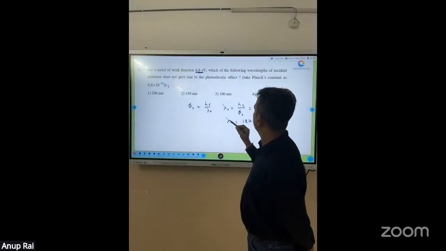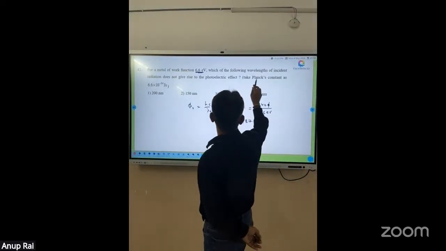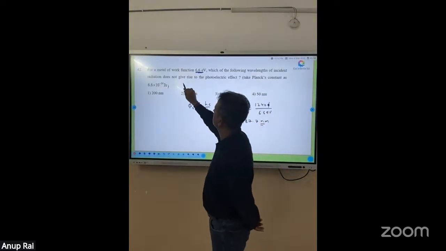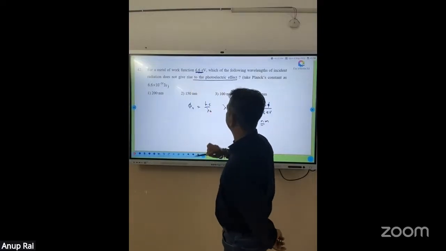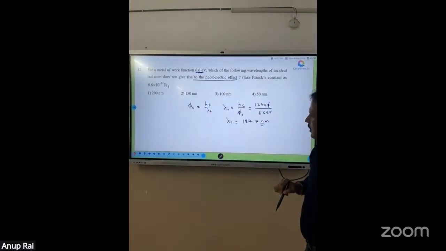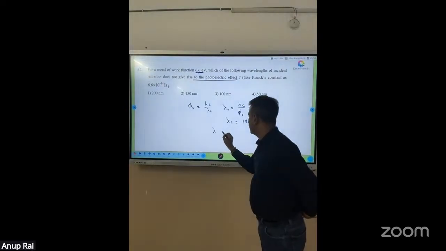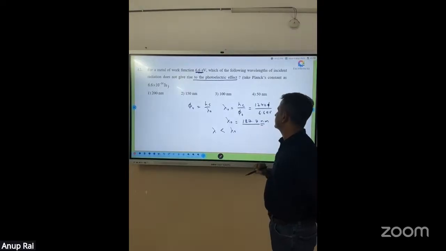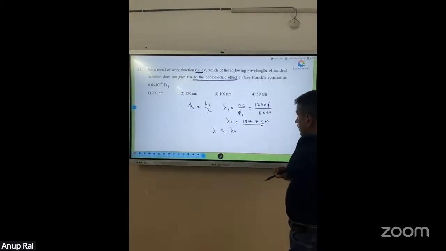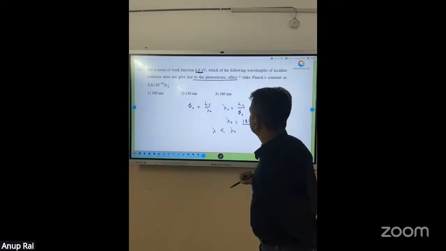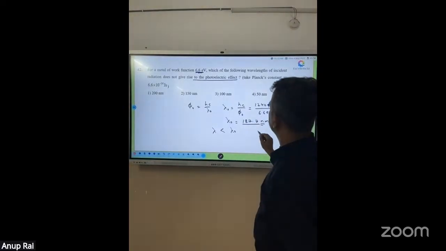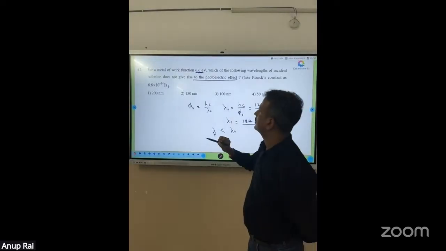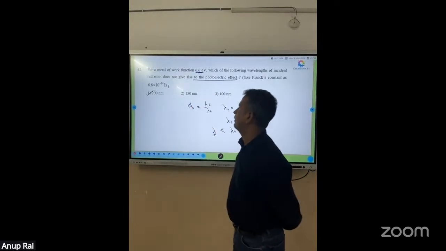So for the photoelectric effect, what is the condition? Which of the following wavelengths of the incident radiation does not give rise to the photoelectric effect? We don't want the photoelectric effect. Lambda less than lambda naught will give the photoelectric effect, so we don't want that.